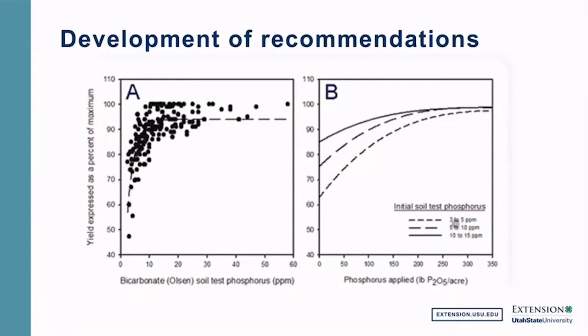As we get lower levels of a nutrient in the solution, the likelihood of response increases. So, if we take a look at this graph and separate it out into different groupings, where we started out with a higher level of nutrient in the soil down to a lower level of nutrient in the soil, the dotted line here shows you that for a small increment of increase in the phosphorus applied, the likelihood of a response is quite high at low soil test levels.